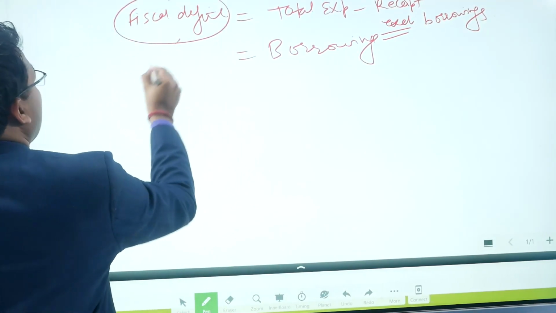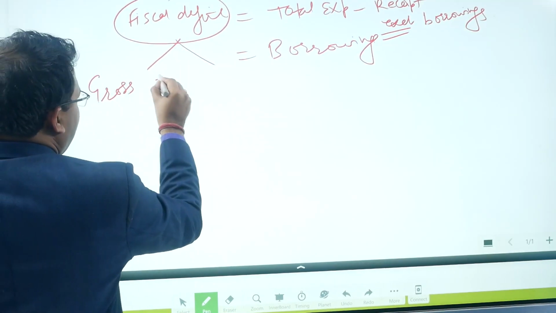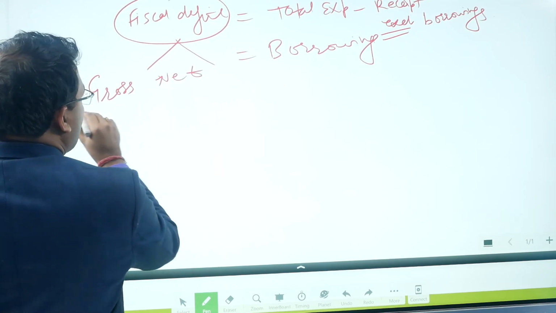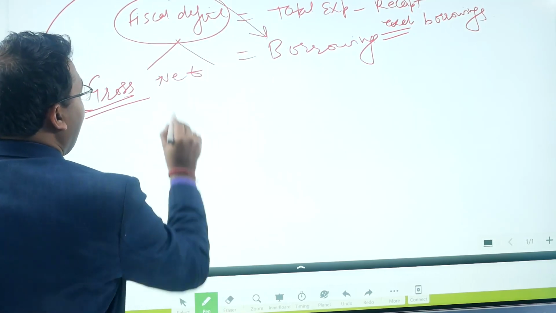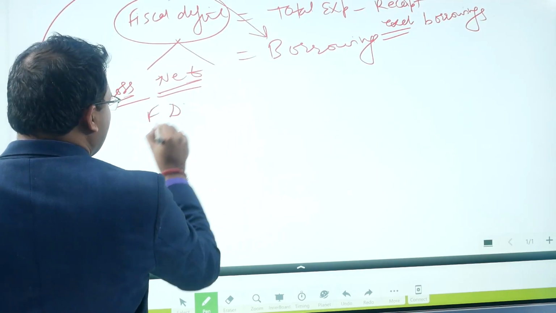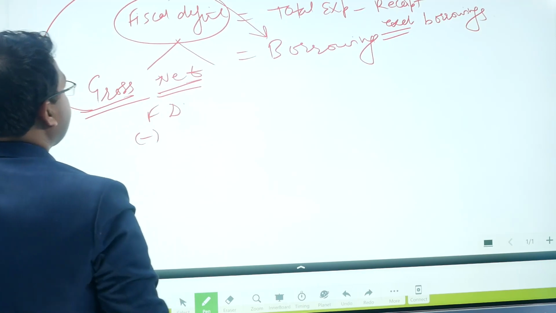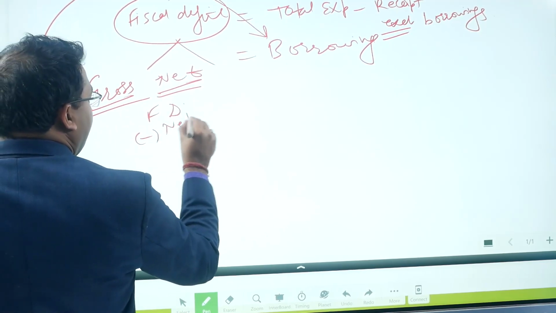This fiscal deficit can be gross, it can be net. Gross means this amount only, and net basically means when out of the fiscal deficit we reduce the net domestic lending.